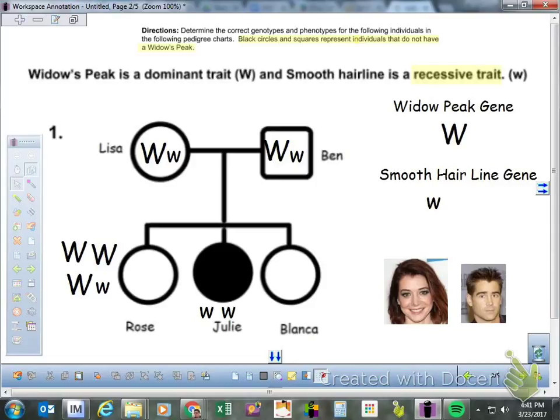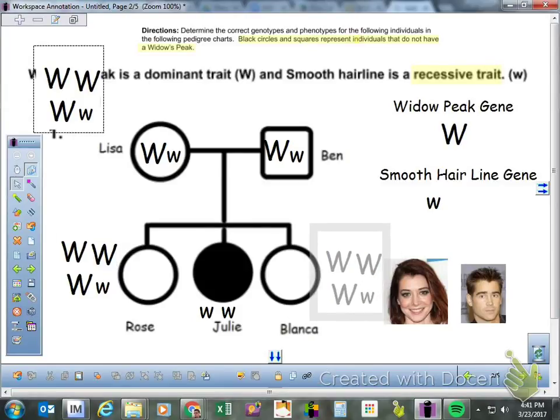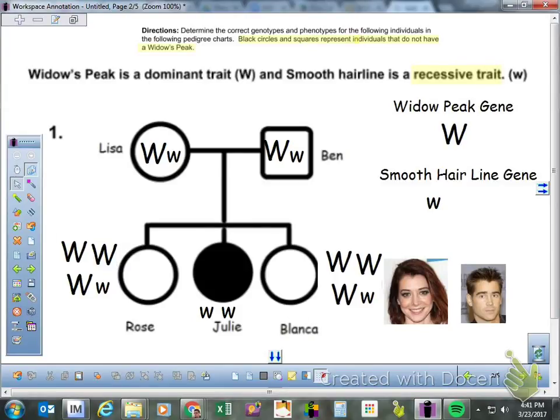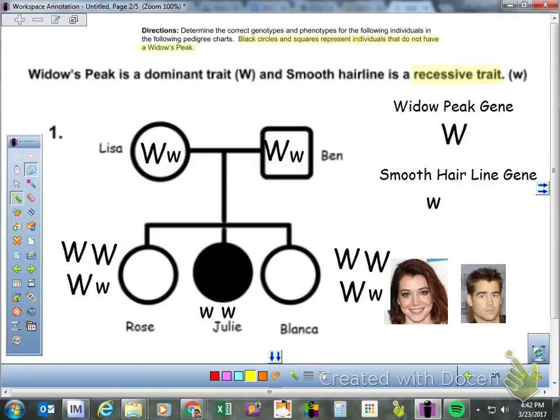So we don't know for certain what Rose is going to be, and we don't know for certain what Blanca is going to be, she could either be this one or this one. Why? Because mom and dad can pass on one of two copies, okay? So the only thing that we can know for certain is that Julie is homozygous recessive.